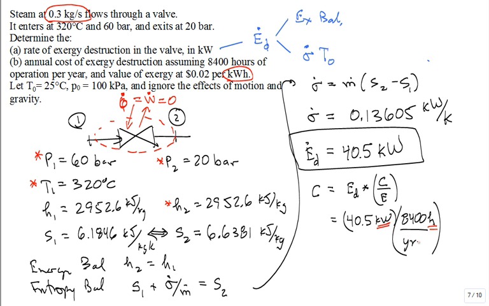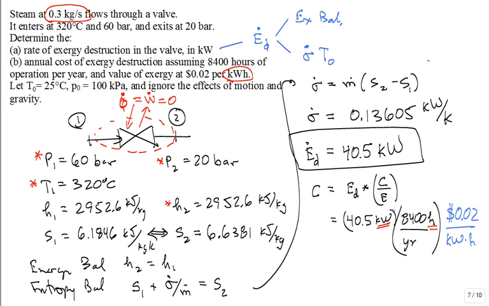So now you can see this funny unit of kilowatt times hour show up. That's how many kilowatt hours, a unit of energy, per year have been destroyed in that valve. Now multiply by the value or the cost of that, $0.02. That's 2 cents, right? 2 pennies per kilowatt hour.